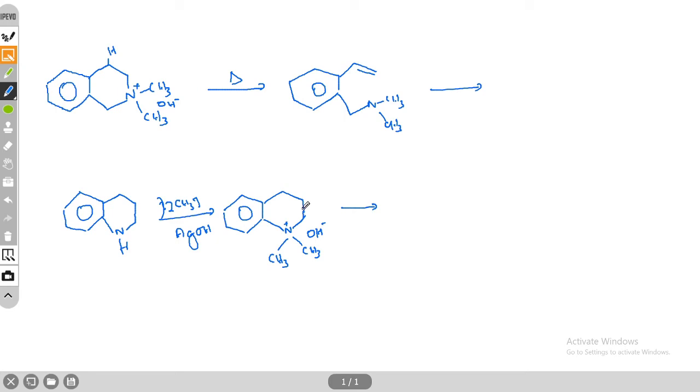So even though there is one beta hydrogen atom here, the major product will be the one like this. NCH3 plus CH3OH.